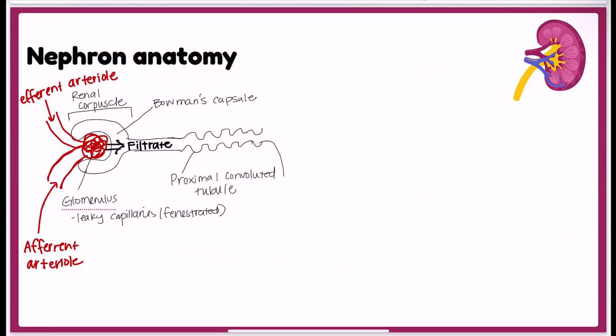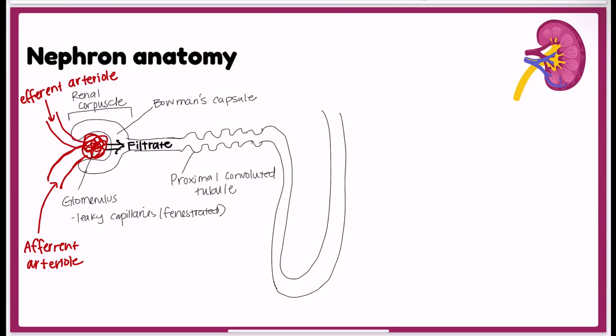And then we go down into this loop. And that loop is part of the nephron, so we call it the nephron loop. There's a descending part that goes down and an ascending part that goes up, so each of those are named that.